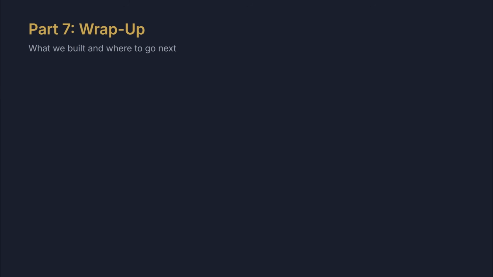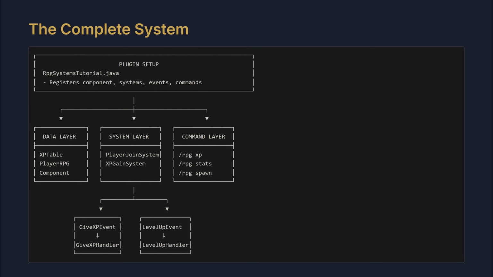So, okay. A little wrap up. I'm very glad that you have continued until this, and you should have a working plugin by now. So, our complete system is we have our plugin setup in RPG Systems Tutorial, or however you called it, which registers components, systems, events, and commands. We have our data layer with our XP table class and the player RPG component class.